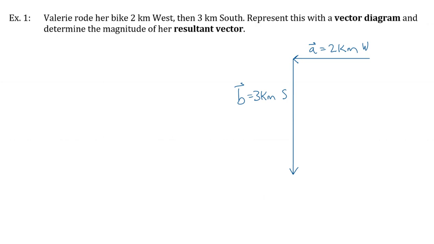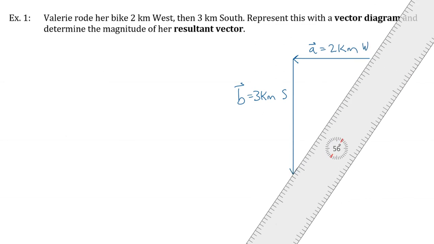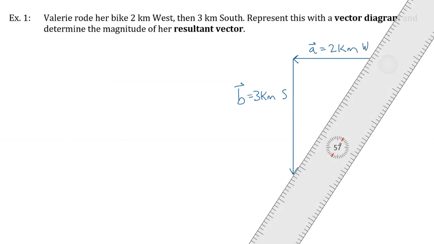So what is her resultant vector? Her resultant vector, hopefully this is something that you would guess, is the size and direction that this person, Valerie in this case, would have actually traveled.